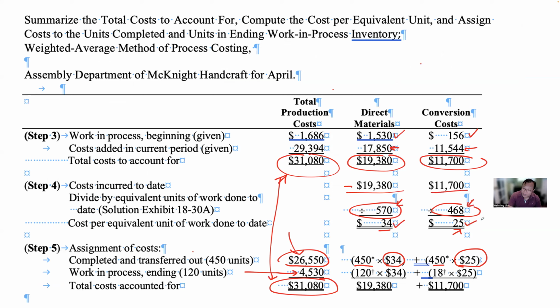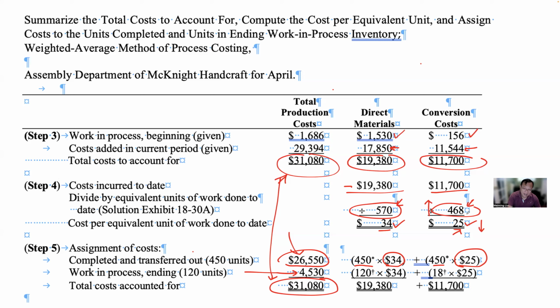So how can I lower this number? If I want to lower the cost per equivalent unit, I have to increase my equivalent units, right? How can I increase my equivalent units?